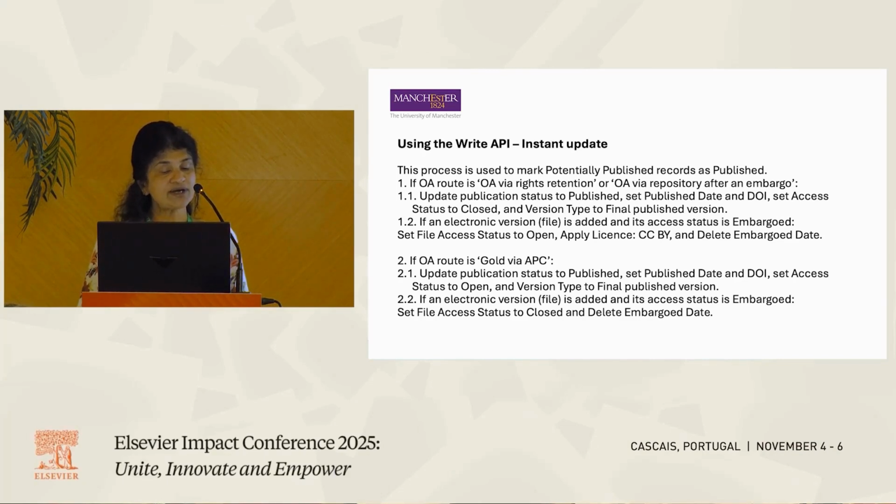For the gold via APC route, we carry out the same status and publication updates, but the access status is set directly to open. And finally, if there's an embargoed electronic version, we close the file and remove the embargo date to keep the record consistent. So it looks like it's a complicated logic, but it's well managed by the Java code.